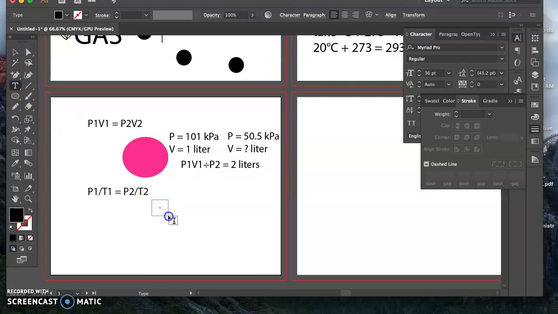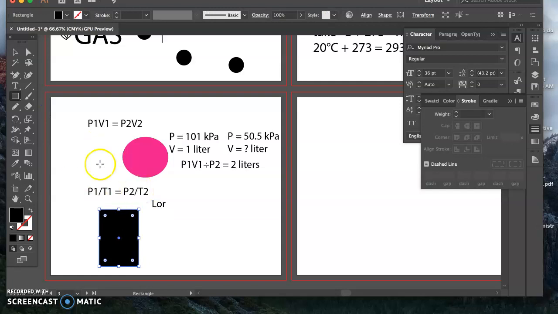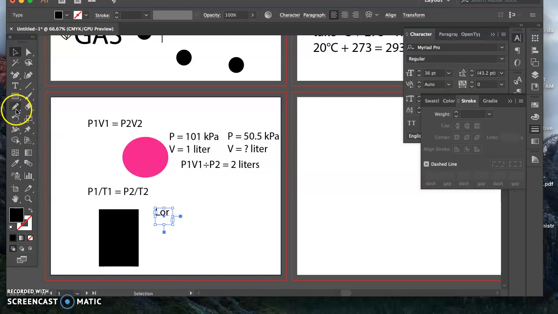Let's solve another one. Let's say this time we have a can of soda, black soda. Let's say the pressure right now is equal to 23 kPa.